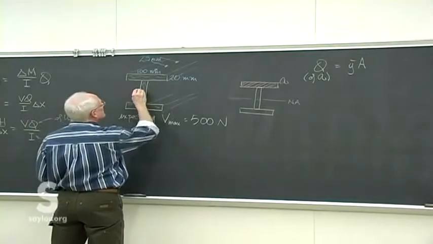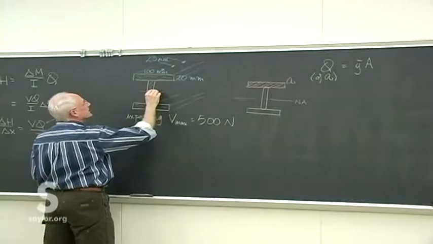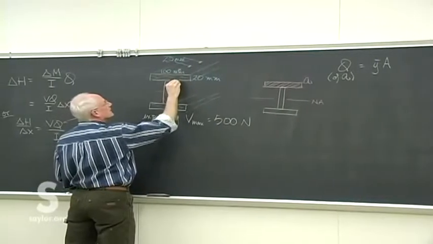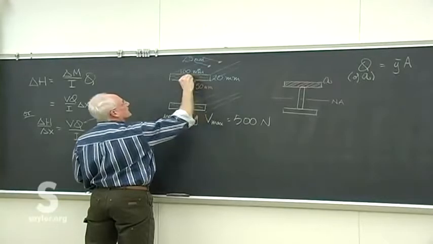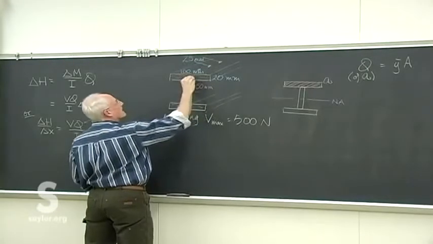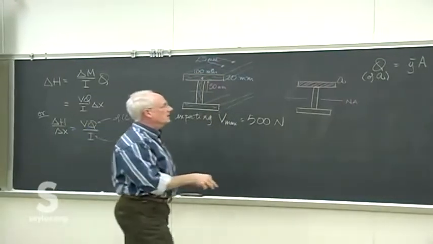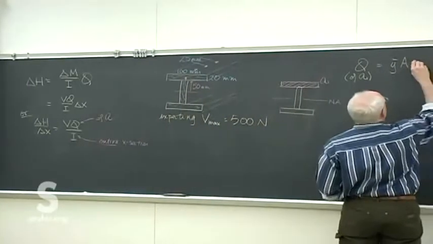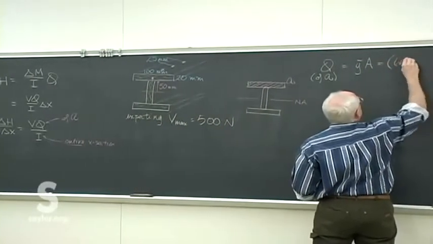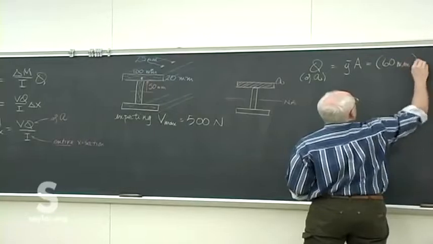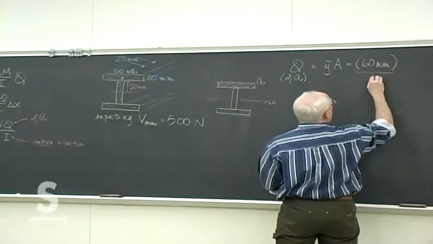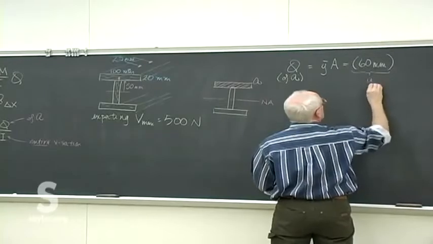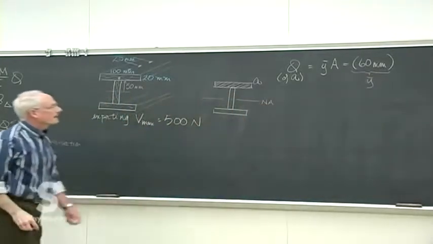If that's right in the middle, then this is 50 millimeters up to there, and then another 10 up to the middle point of the beam. So this is 60 millimeters. That's Y bar.